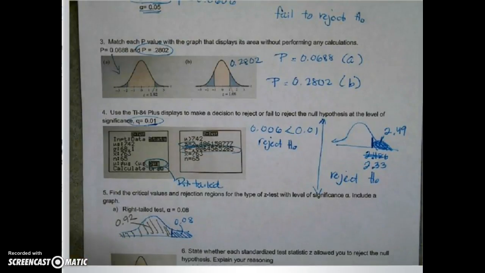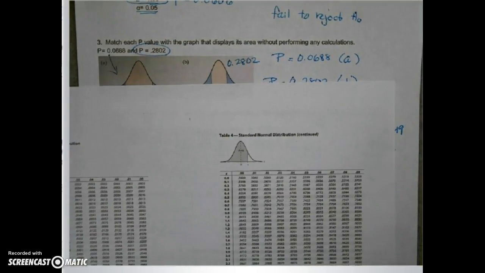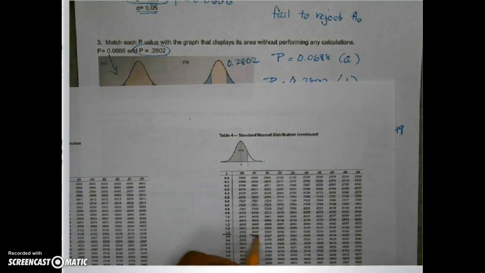I don't know what that is by heart. So you're looking it up, 0.92, and you're looking for what's closest to 0.92. Is it 0.9207 or 0.9222? I'm going to go with this one right here, which would put me at 1.41.